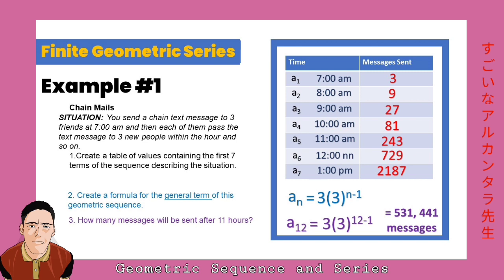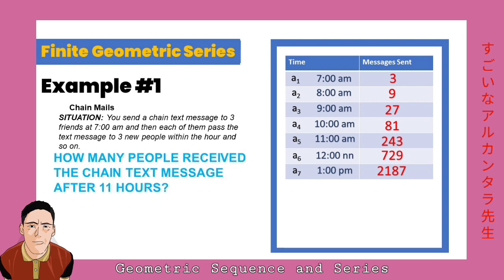But always remember, the one that we're showing you here is simply a geometric sequence application because we're not yet asking for the sum or total. So that is where our next question comes in. So the next question here states, how many people received the chain text message after 11 hours? Now, we are being specific as to how many in total received it. We're not just asking you the 11th hour or the 12th hour or whatever.